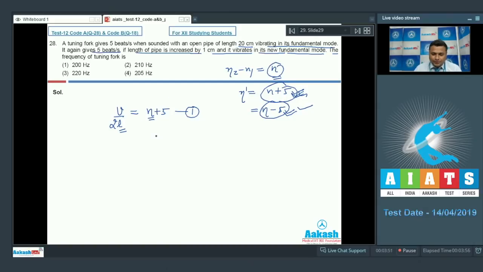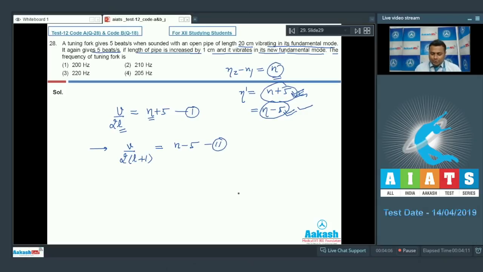Plugging the values, we get V upon twice L plus 1 equals n minus 5. Equation number 2.